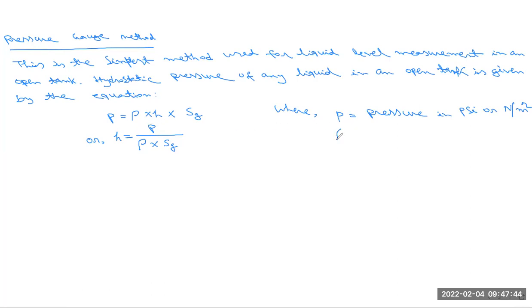What type of liquid you have to use and what is the pressure inside the tank. Rho, what is rho? Rho is the water density or the density of any liquid you have to use. So this is the liquid density of the particular liquid you use in the tank. And Sg is the specific gravity.